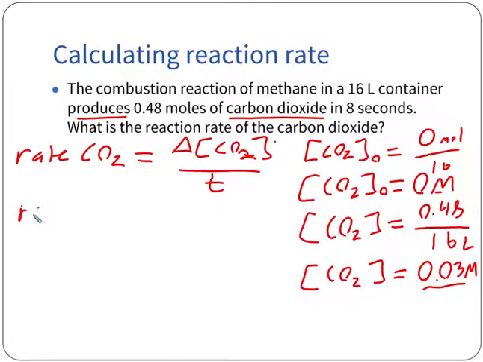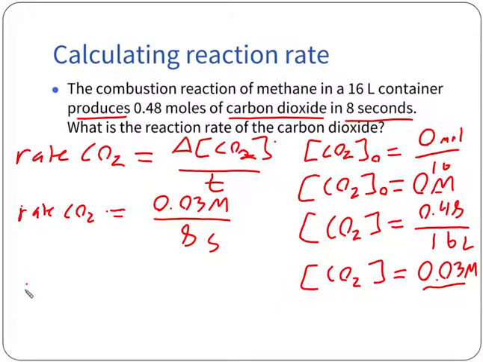So that means the rate of our CO2 is going to be equal to 0.03 molar divided by the time, and the time here is 8 seconds. It tells us for the reaction to happen, so divided by 8 seconds, and so our reaction rate of the CO2 should be equal to, just divide those out, 3.75 times 10 to the negative third in units of molar per second.